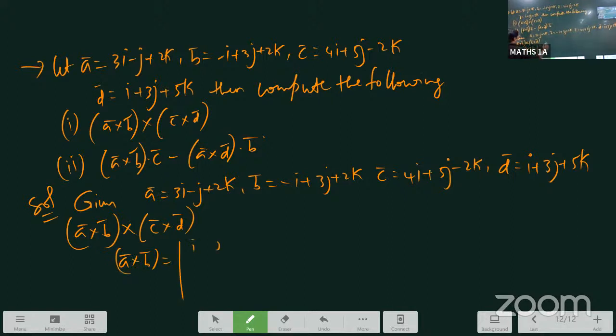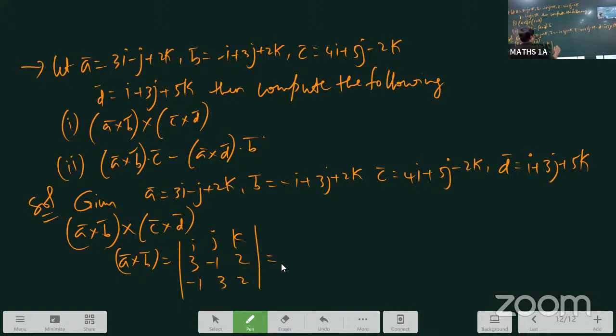That is the determinant of i, j, k. What is that? 3, minus 1, 2 and minus 1, 3, 2.